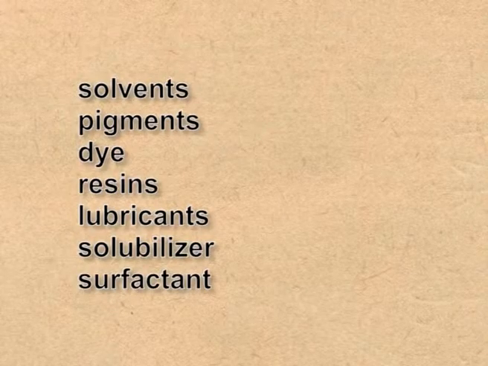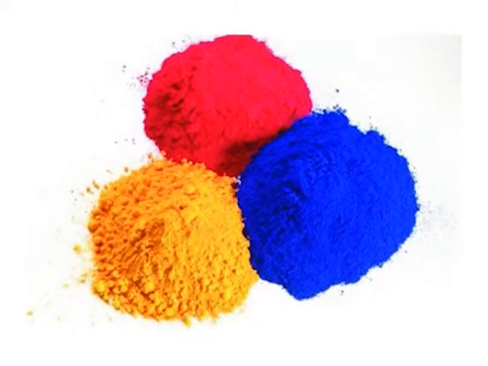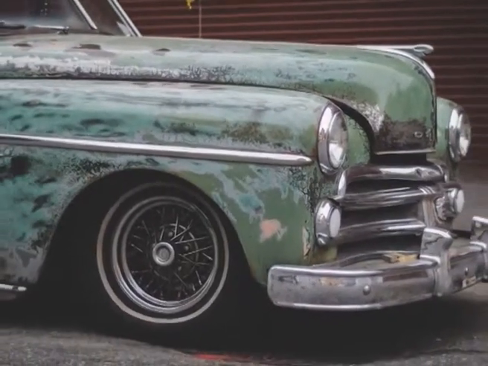Ink is composed of solvents, pigments, dye, resins, lubricants, solubilizer, surfactant and other materials. Each component has its own importance to make it more useful. Ink composition varies but commonly involves 4 components, which are colorants, vehicles or binders, additives and the carrier substances.